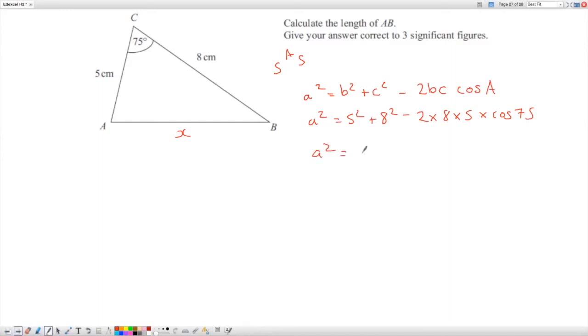Multiplying all of that out, our value for a squared will come up on your calculator, 68.29. Keep all the numbers on your display. Square root that value to get your answer for a, which is 8.264. Rounding to 3 significant figures, the final answer for a should be 8.26.